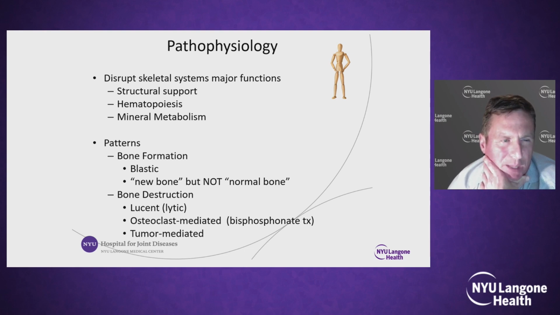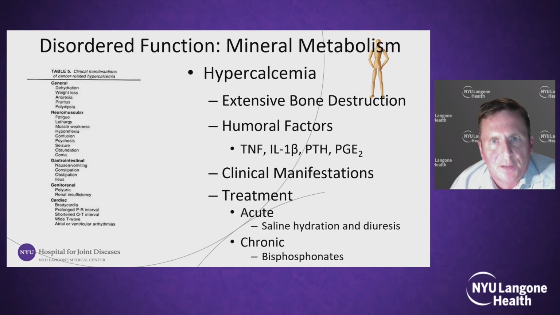Even though that blastic bone I was showing you might seem like it's normal bone, it's reacting to those glandular cells that are in the bone. So although the bone is blastic, it's not normal. It still can potentially be prone to fracture.